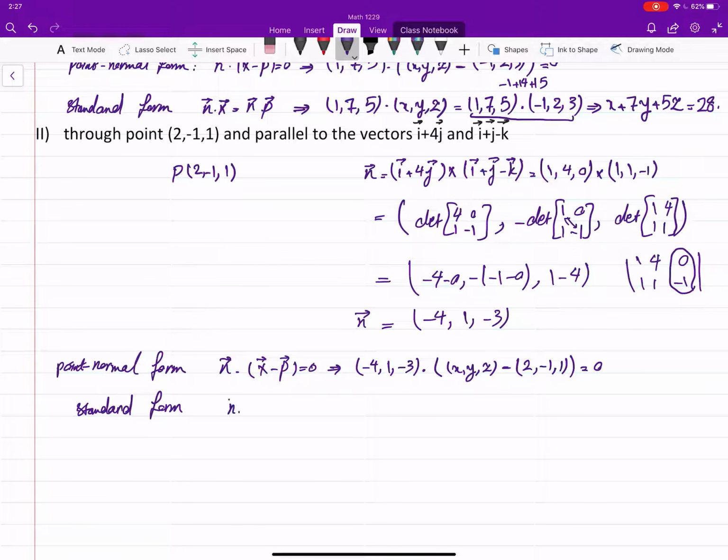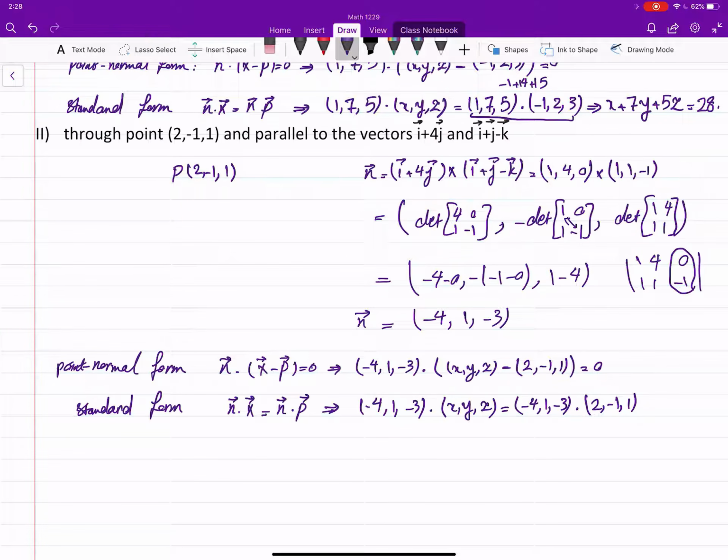Well, we always get standard form by expanding or performing the dot product in this equation. So you have -4, 1, and -3 dot x, y, z equals -4, 1, and -3 dot p, which is 2, -1, 1.